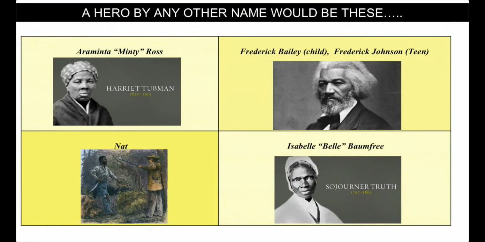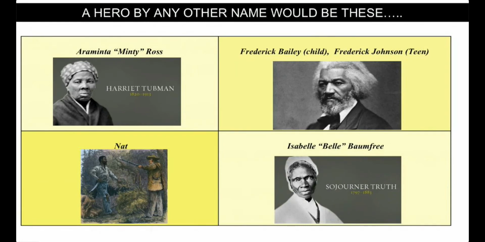We see, for example, that Harriet Tubman was born Araminta, or called Minty Ross. Frederick Douglass as a child was Freddie Bailey. And then as a teen, when he escaped, he became Frederick Johnson before he selected the name Douglass from a favorite poem. Nat Turner was just Nat. And I think the name Turner only came about when his overseer, Samuel Turner, set out to find him.